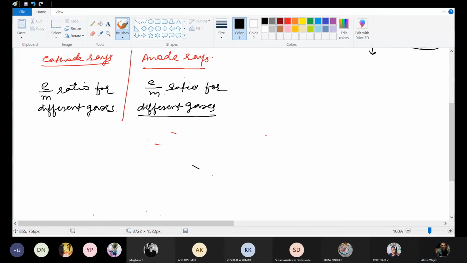Different gases will have different numbers of neutrons. Different gases will have different numbers of electrons, and the mass of an electron is almost negligible.